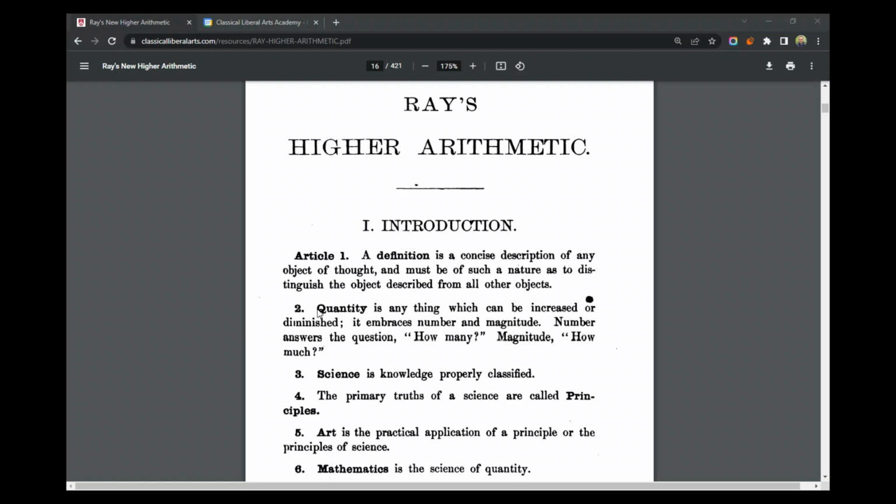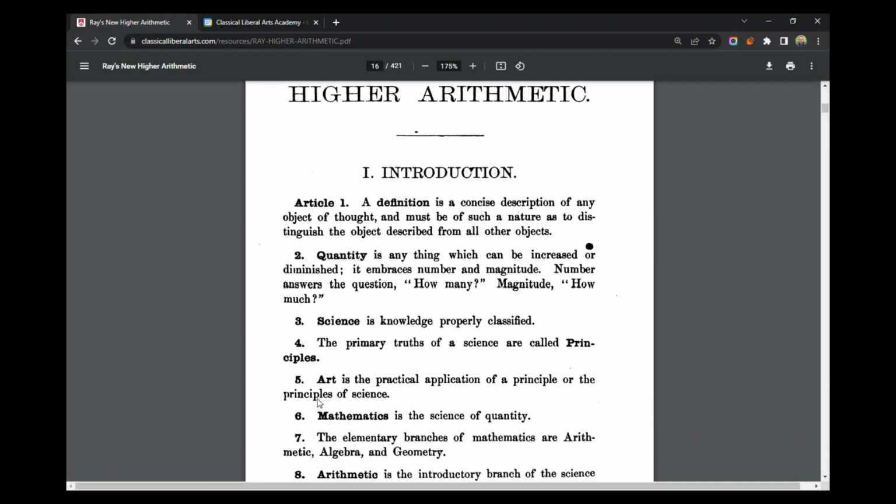Let's look down to article number 2. A quantity is anything which can be increased or diminished. And you're going to see that this is important later on. Look down into Article 6 here. We see that mathematics is the science of quantity.